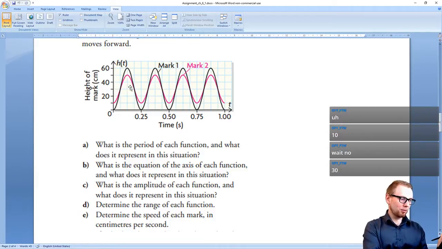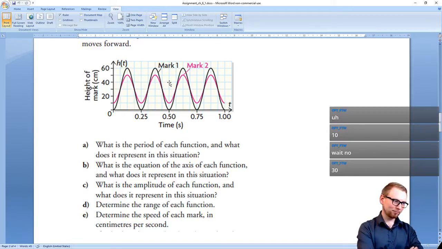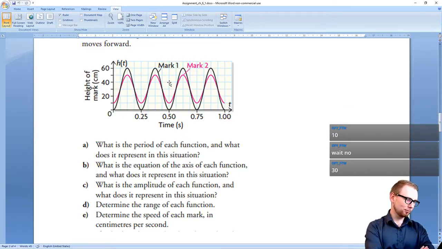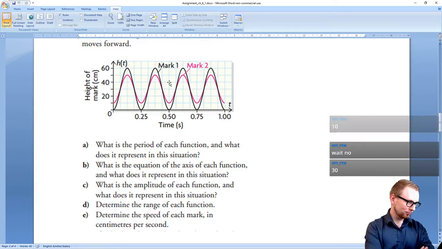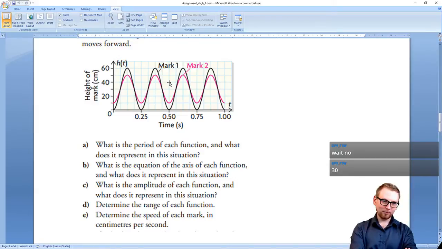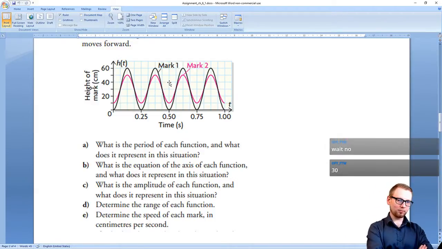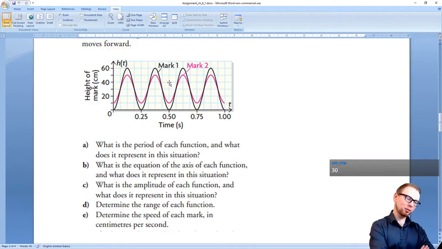Right here, 30 would be pretty good, I would say. That looks like a centerpiece to me. And remember to write it as an equation. So write y equals.